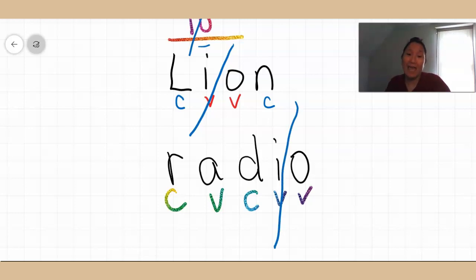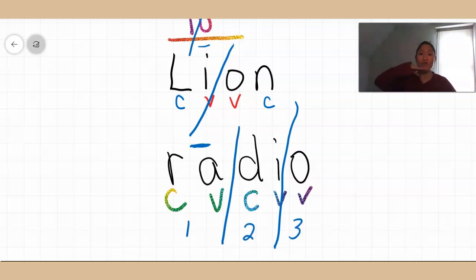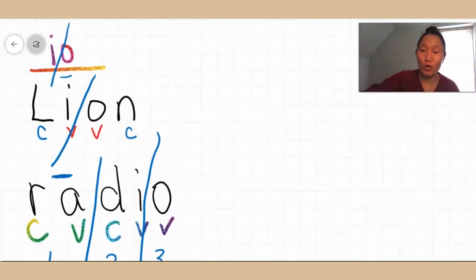The A has a long A, so if it's a long A, you can automatically just break it right there. Radio. So we have 1, 2, 3. Radio.